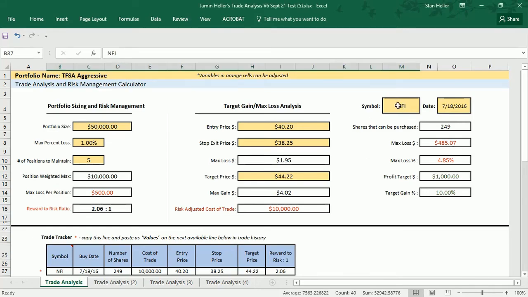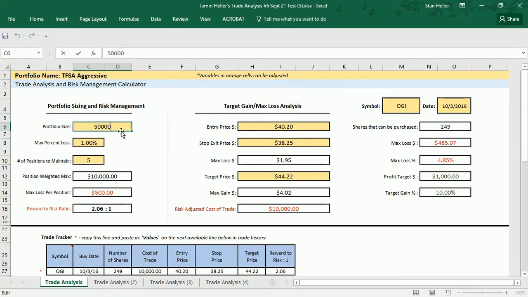The first thing I'm going to do is double click in the symbol box and type in OGI, and I'll come over to the date box, highlight the current date that's in there for the last trade analysis that we did, and now we'll go to the current date, which is the 10th month, and the third date, which will be Monday, October 3rd, and we type in 16 for the year.